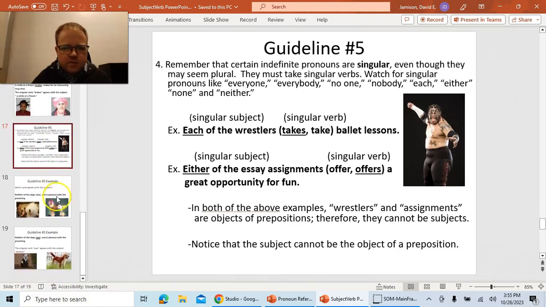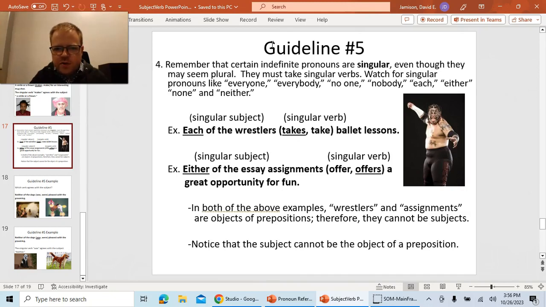I think this is the last one. Guideline number 5. Remember that certain indefinite pronouns, we'll cover those next, are singular, even though they may seem plural. They must take singular verbs.